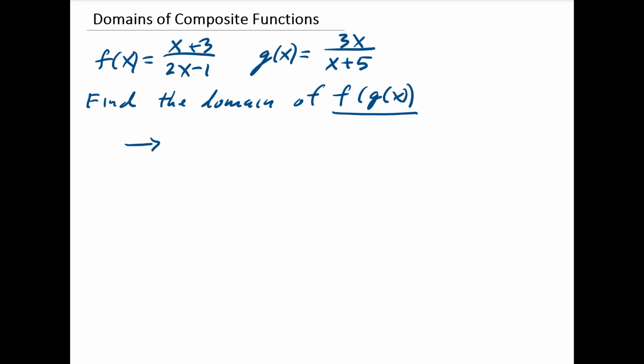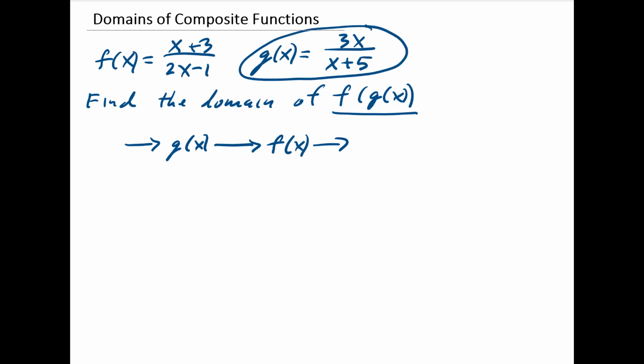We're going to plug a number into the function g. Out of that comes some other number, and that goes into the function f(x). So what can we plug into the function g? Well, we can plug in any number into the function g, except -5. Why is that? Because we can't divide by 0.